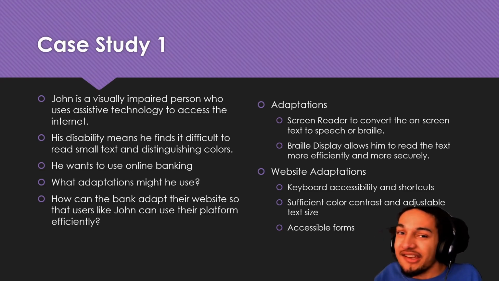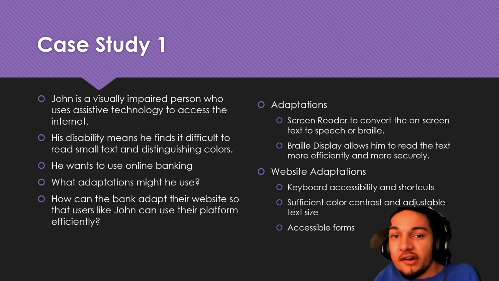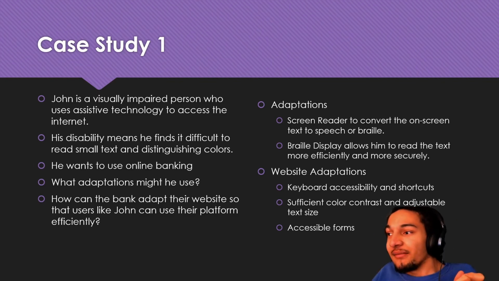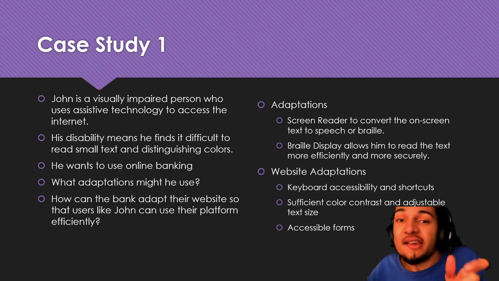You could be typing in your bank details, your sort code, your account number, whatever, stuff like that. And that can compromise your security. It might be okay if you're home alone, but what if you're in a hotel room? If you're in a hotel room that has thin walls, other people might be able to hear you. And the bank can do stuff as well.